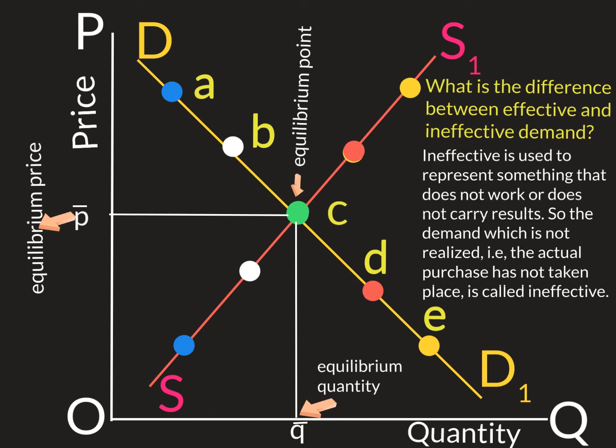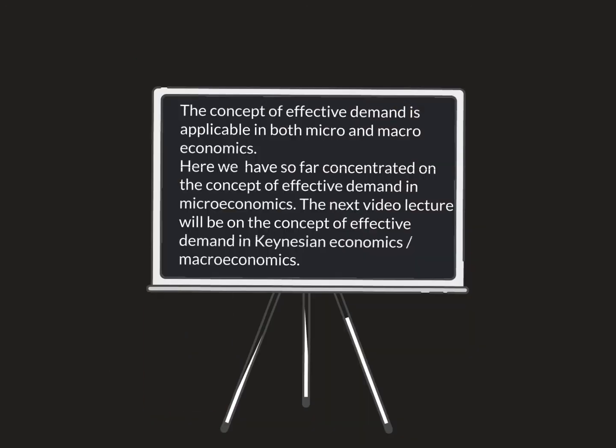On the other hand, ineffective is used to represent something that does not work or does not carry results. So the demand which is not realized, that is, the actual purchase has not taken place, is called ineffective.